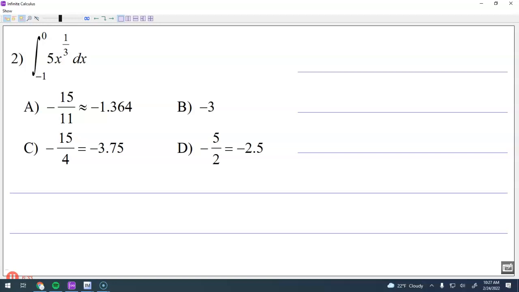So is this U substitution? It's not. There's not a big guy, little guy. There's just regular power.